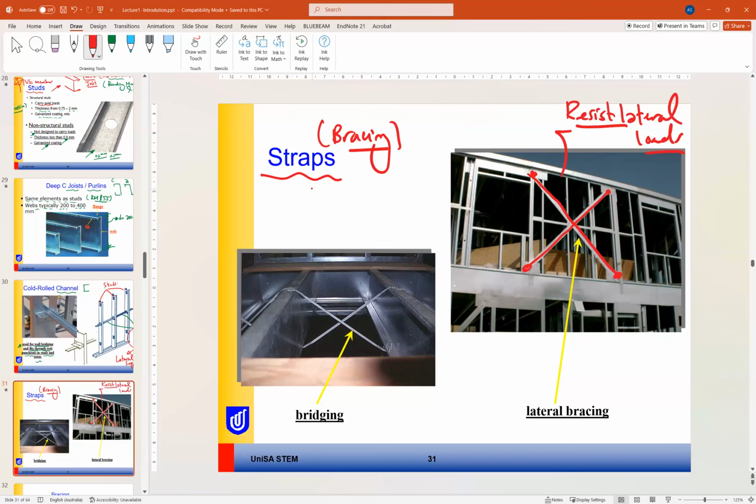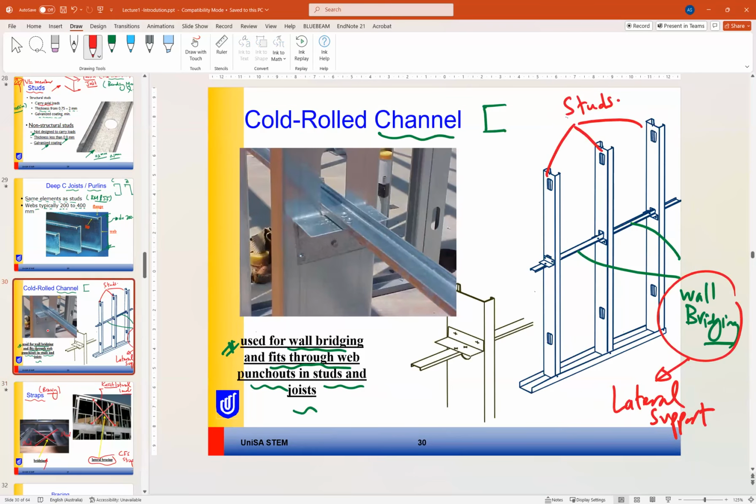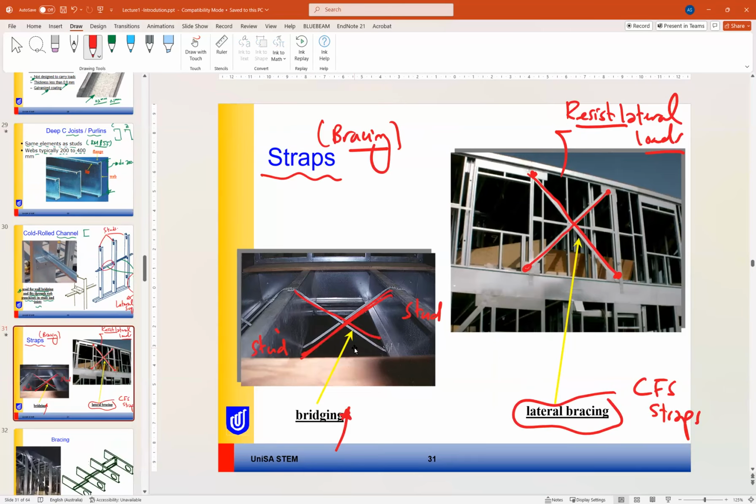So it can also be from cold formed steel straps. Or here we have two studs, for example, this a stud and this a stud. So you can do the bridge or the lateral support using, it's still a strap, but it will do the same role as this element here. So it is connecting two studs together, but diagonally instead of horizontally.